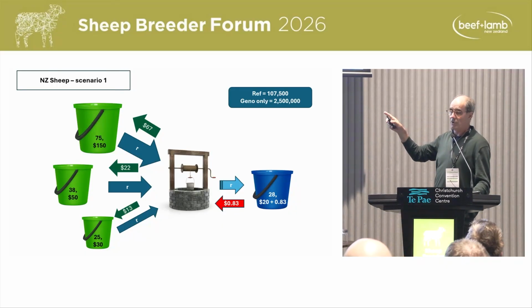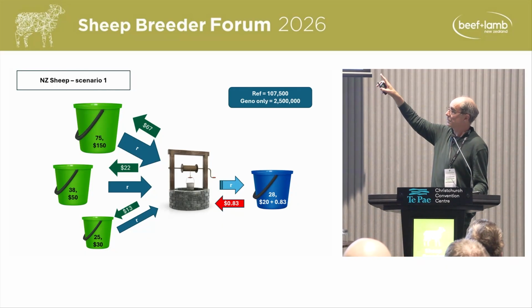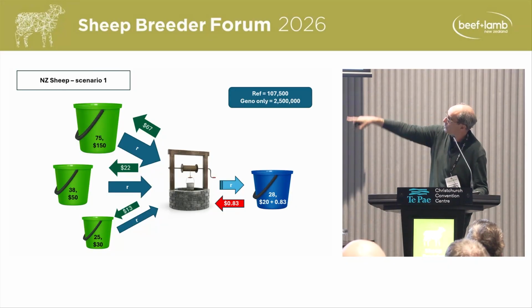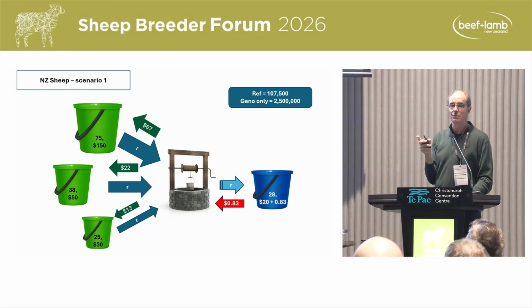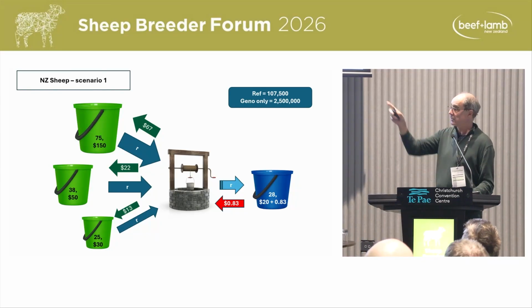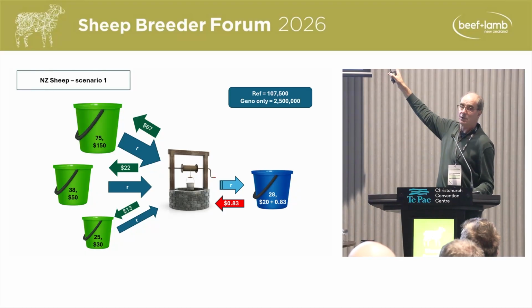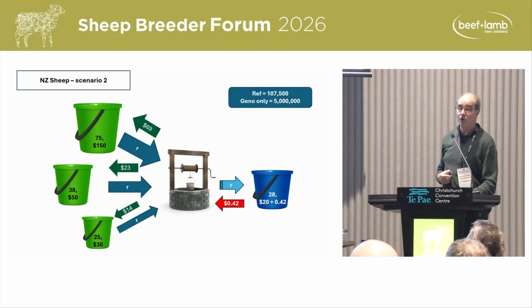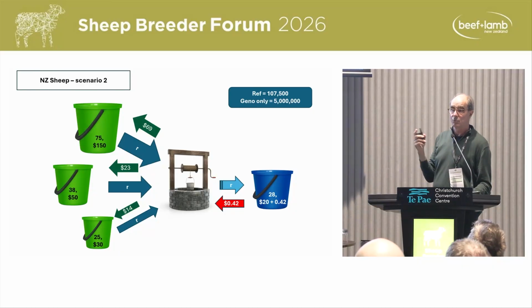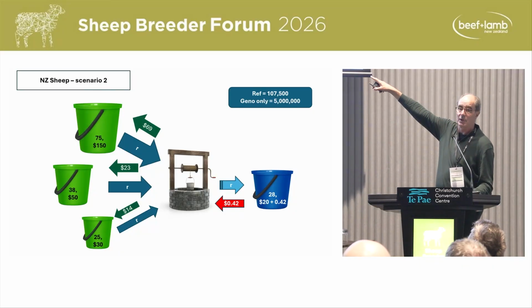And I haven't shown it on here, but it means that everybody over there, the green buckets, is basically getting back about 45 cents in the dollar spent. So they all get the same proportional rebate, but importantly, they're getting the same accuracy per dollar as the people in the blue bucket. If we increase the size of the genotype only populations and we double it, we halve the levy that we need to apply, so it's gone down to 42 cents.